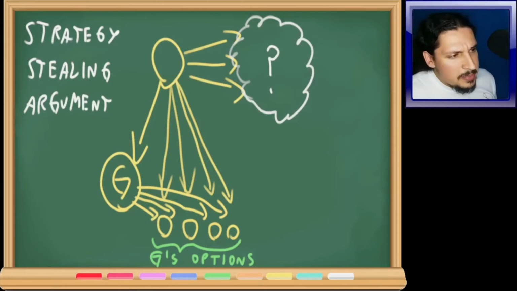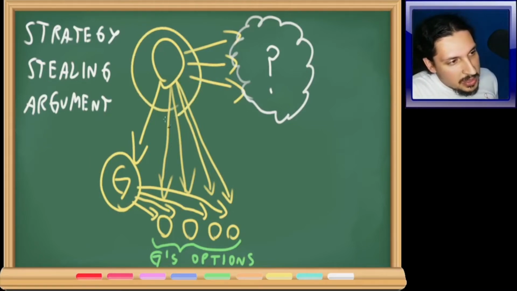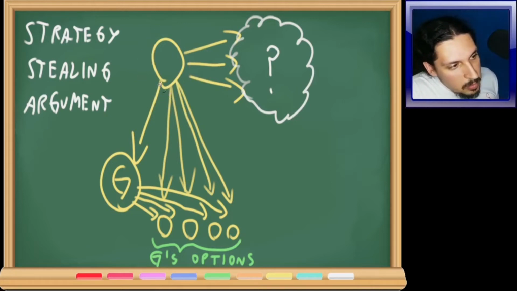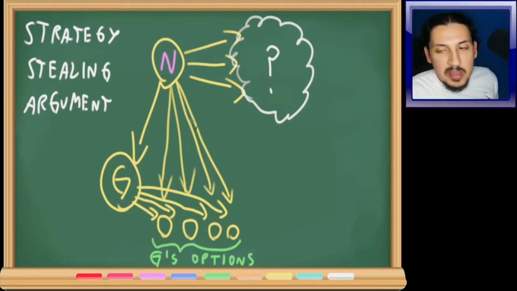This is like an abstract representation of the situation that we saw before. If we have a position here that we're considering, whatever it is, if we can move to a certain game G, and we can also move to all the options of that game G, then our position is winning, necessarily. That's basically the idea of the strategy stealing argument.